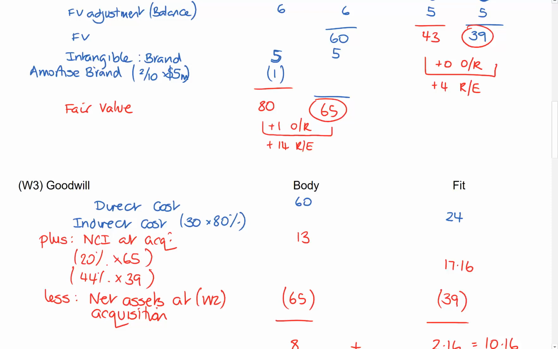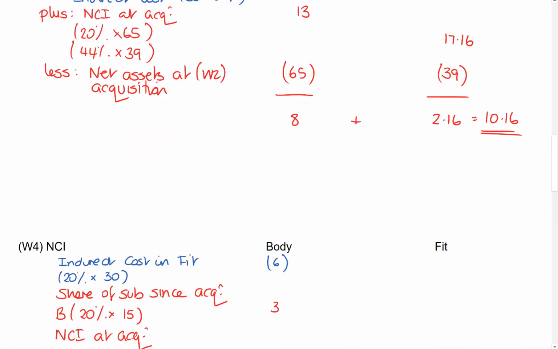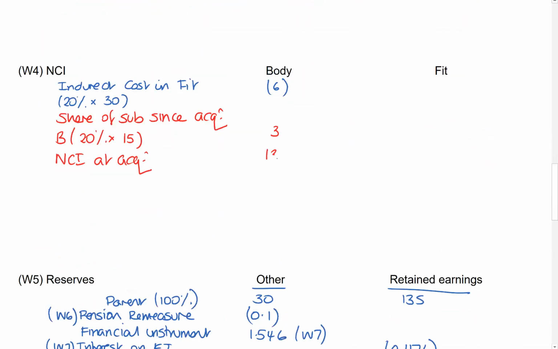So they simply see an increase of 15 between our two key dates. 20% of 15 is 3. We had the NCI at acquisition as well, of course, which is 13 and 17.16. Those have come from working number 3.